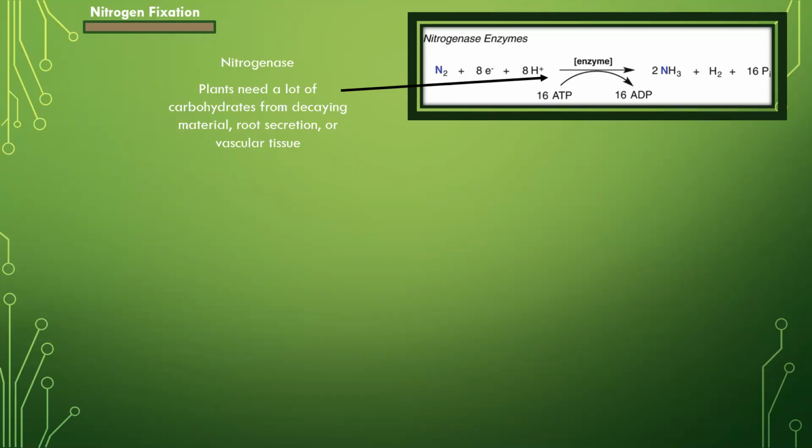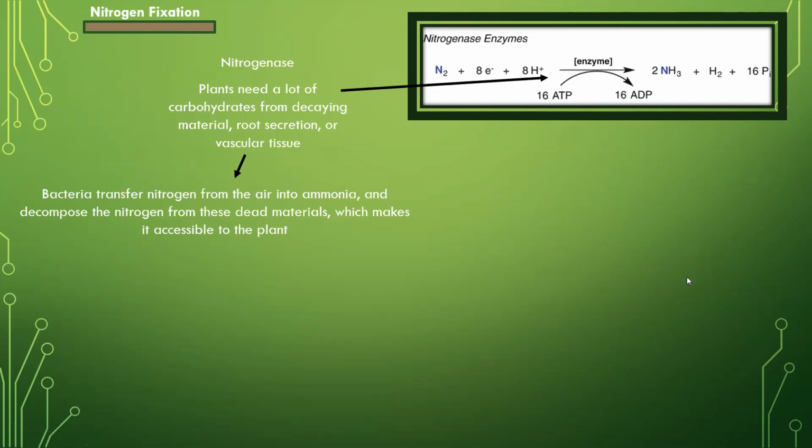And so you have gaseous nitrogen, some type of electron source and proton source. You're then using ATP, a lot of ATP, 16, breaking it down into ADP. And so then you're creating these different types of nitrogen sources and hydrogen, as well as breaking apart phosphorus and things like that.